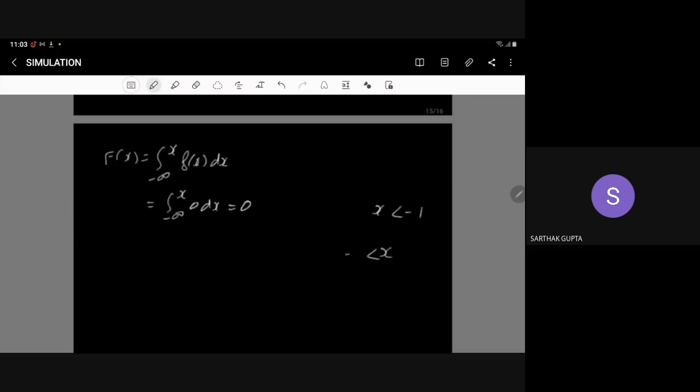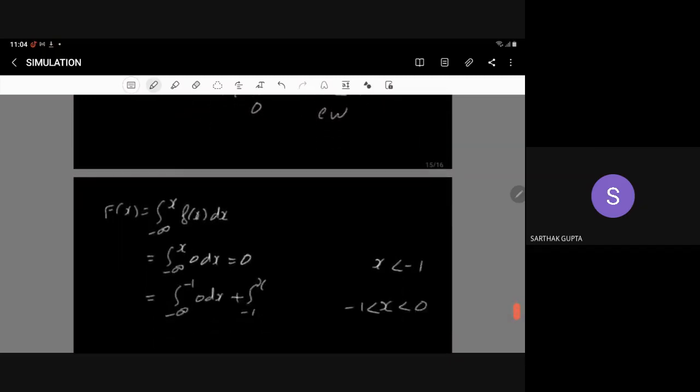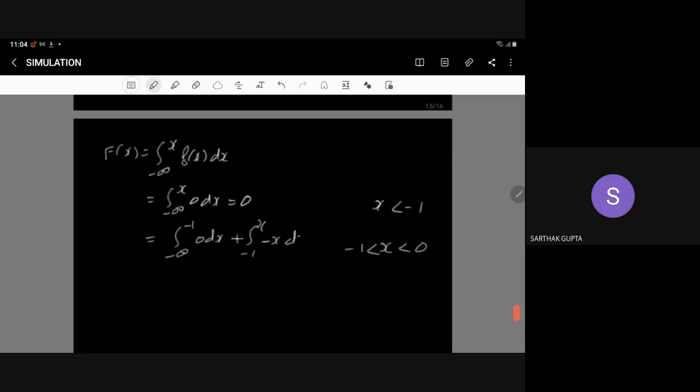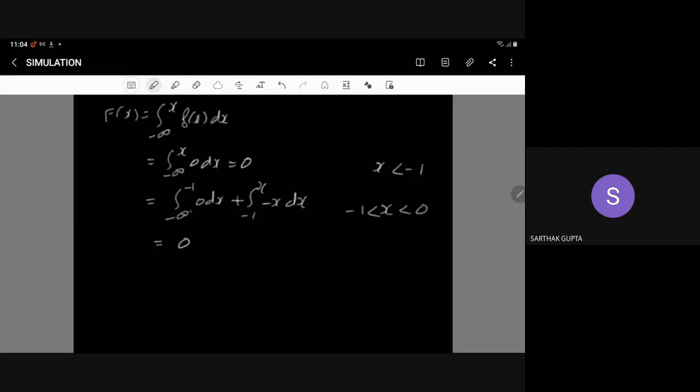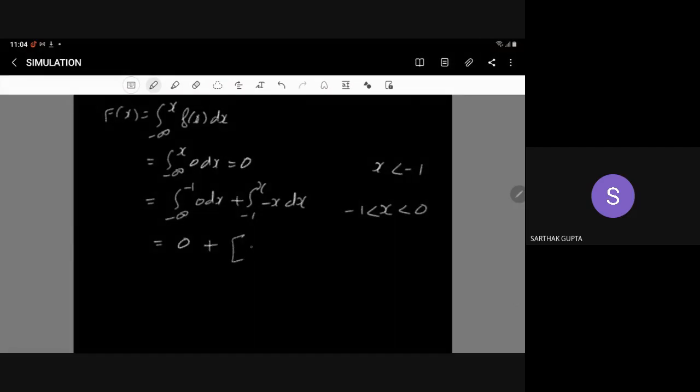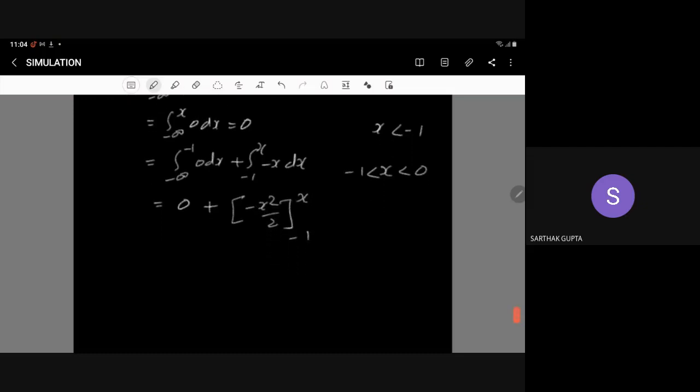If x lies between -1 to 0, it will become integral from minus infinity to -1 of 0 dx plus integral from -1 to x, and in this the integrand is minus x, so minus x dx. So this will be 0, because in this the integrand is 0, plus here integration is minus x square by 2 from -1 to x. So this will give you 1 minus x square by 2.